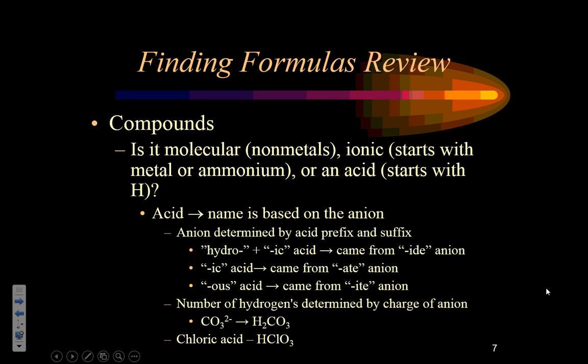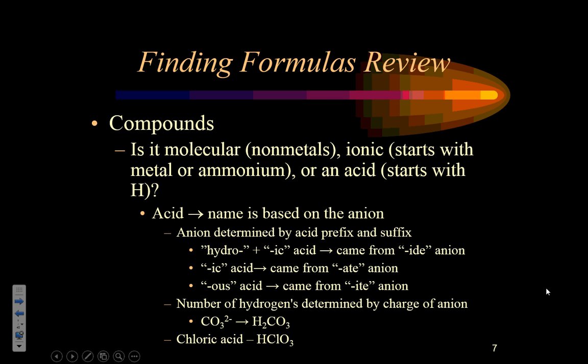And if it came from an anion that ended in "ide," it became hydro-ic. If it came from an anion that ended in "ate," it was ic acid. And if it came from an anion like nitrite that ends in "ite," it becomes nitrous acid. We looked at it first semester. Hopefully you remember it. Probably not going to happen that often, but that's how you would handle it.